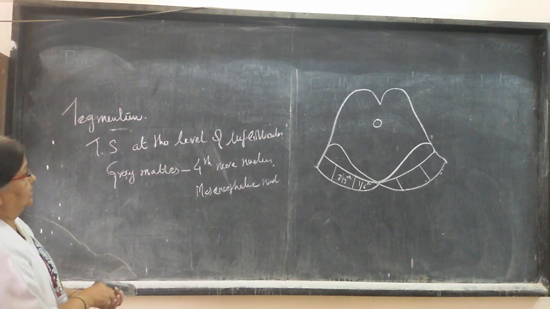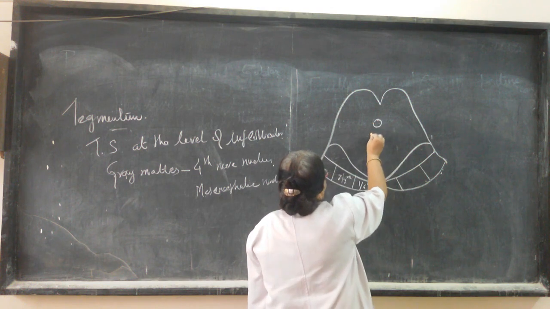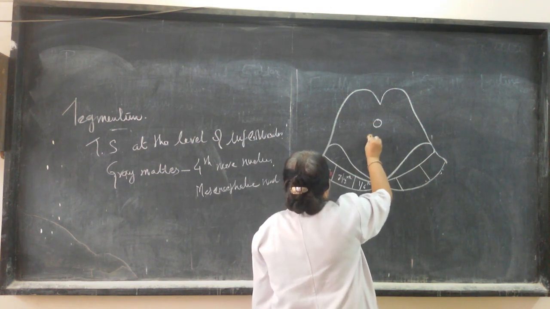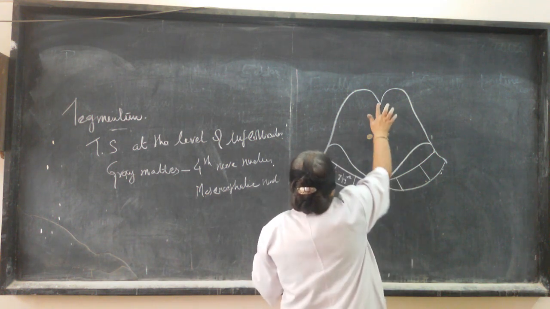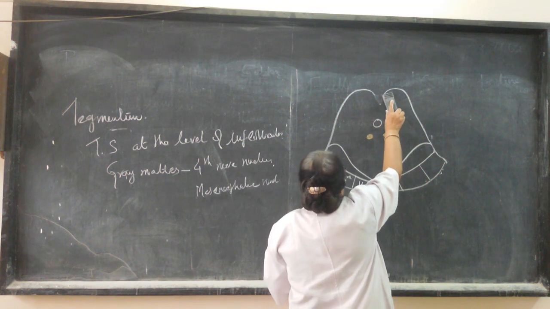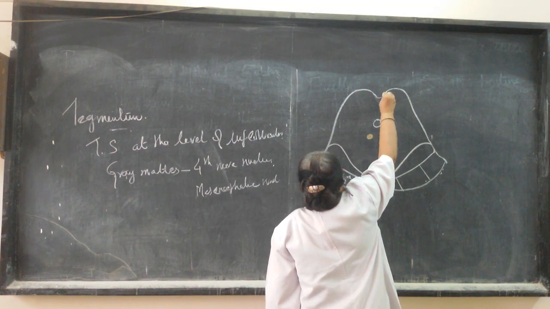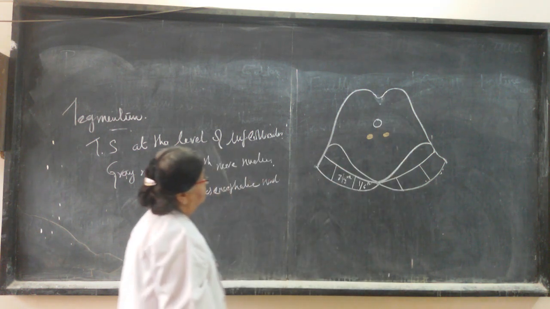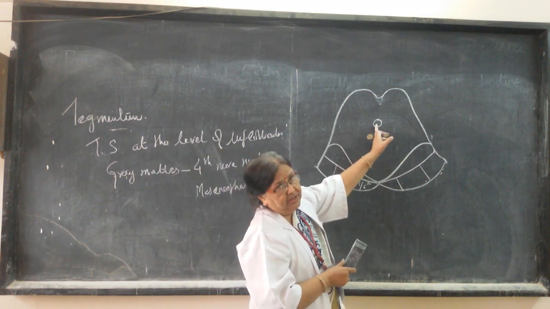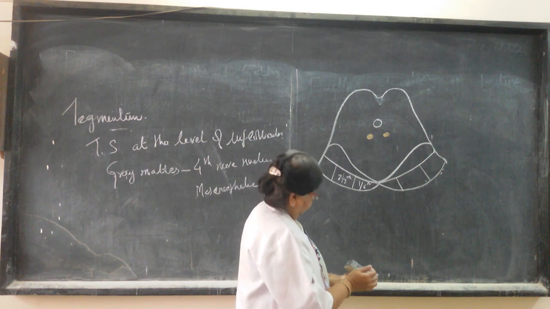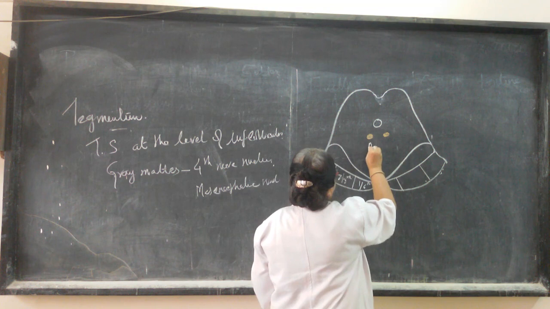The fourth nerve nucleus is situated ventral to the cerebral aqueduct. This is the fourth nerve. This lies ventrolateral to the cerebral aqueduct and dorsal to the medial longitudinal fasciculus.